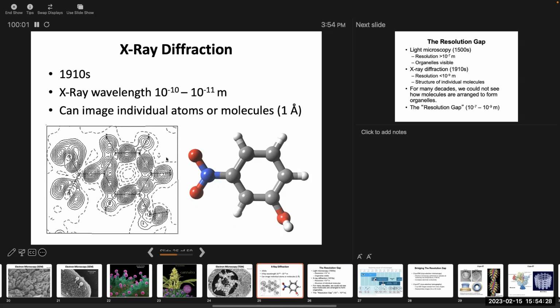The thing you're looking at on the left is what's called an electron density map, which is basically a map showing the density, or the location, of clusters of electrons. And from that electron density map, you can actually draw the structure of a particular molecule.